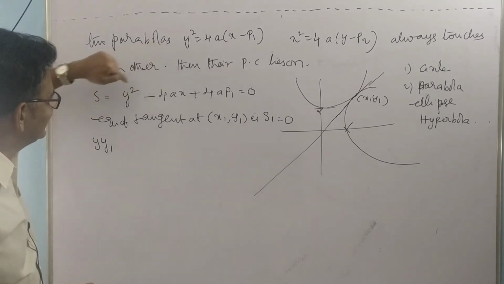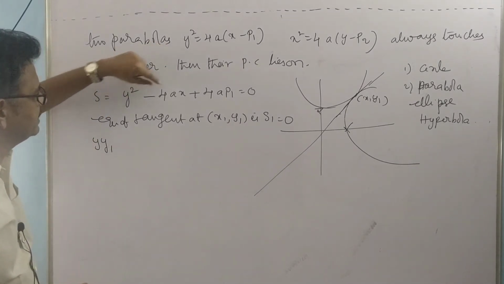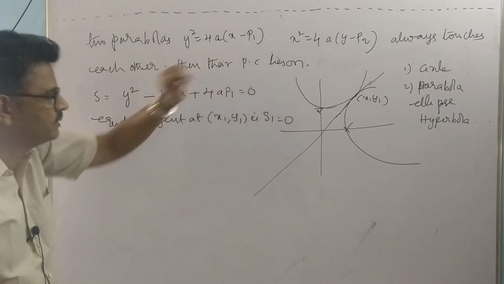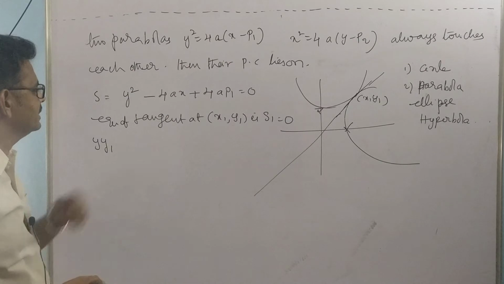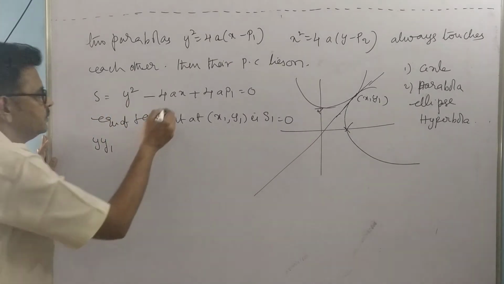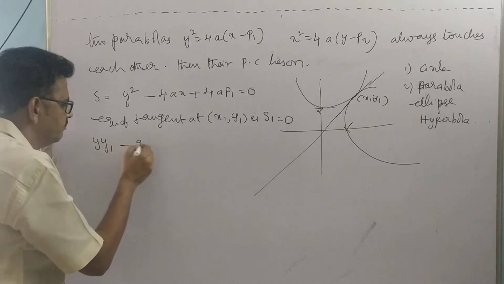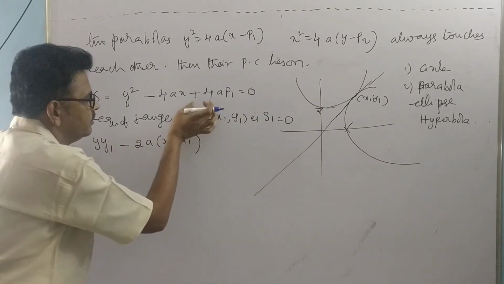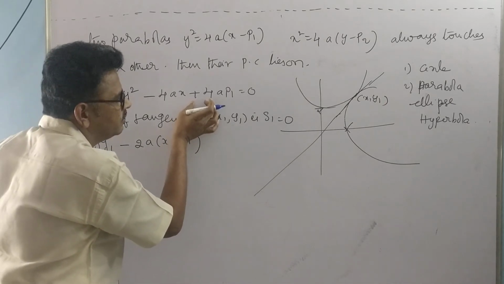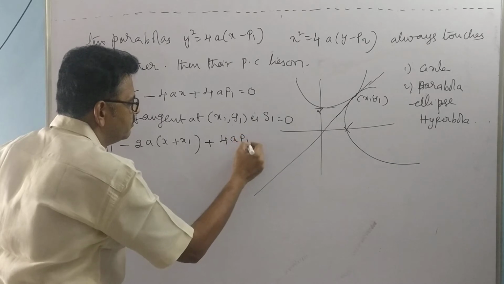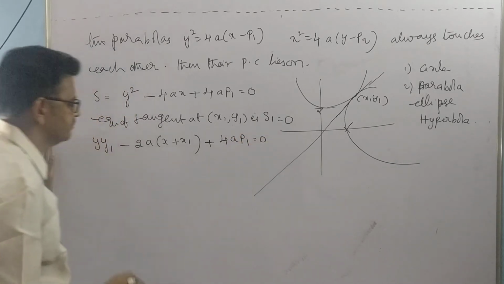Just like for circles, xx1 + yy1 + g(x + x1) + f(y + y1) + c = 0. Here there is no x² term, so that is 0, and the y term gives yy1.